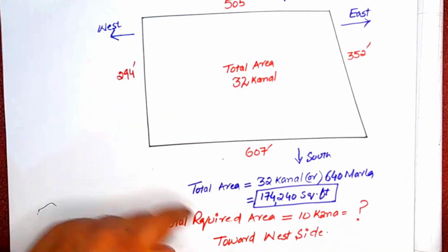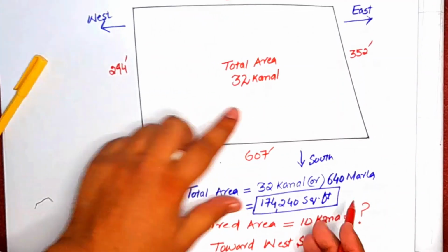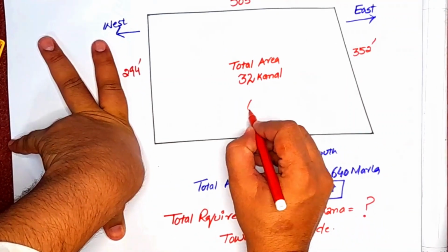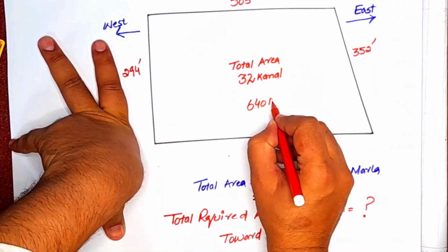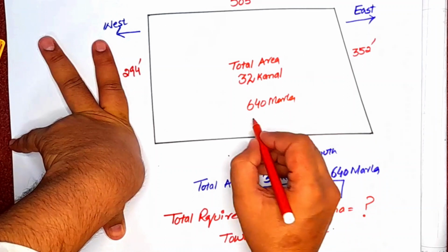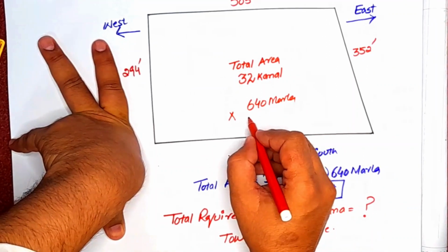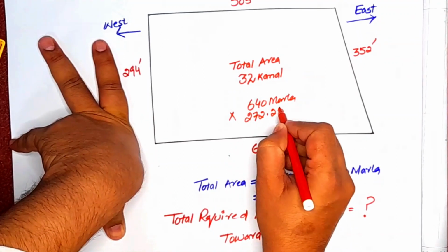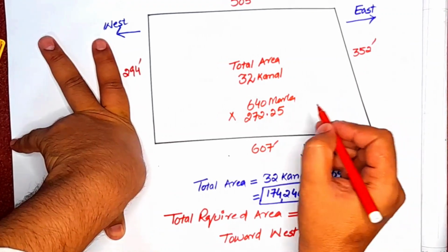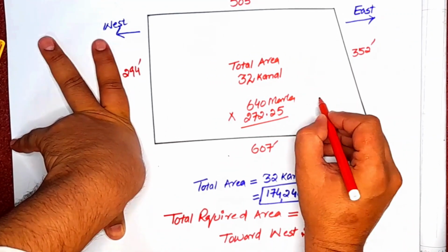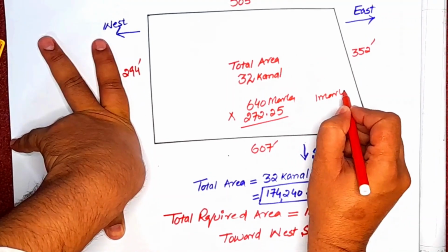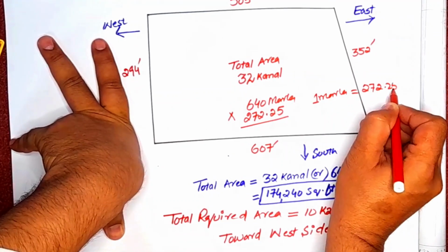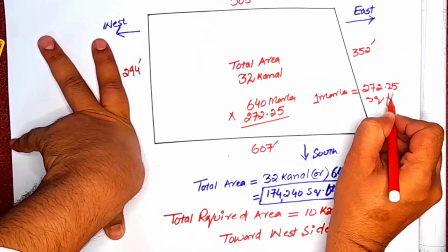If we convert the marla into square feet, we will multiply 640 marlas by 272.25, because in one marla there are 272.25 square feet.